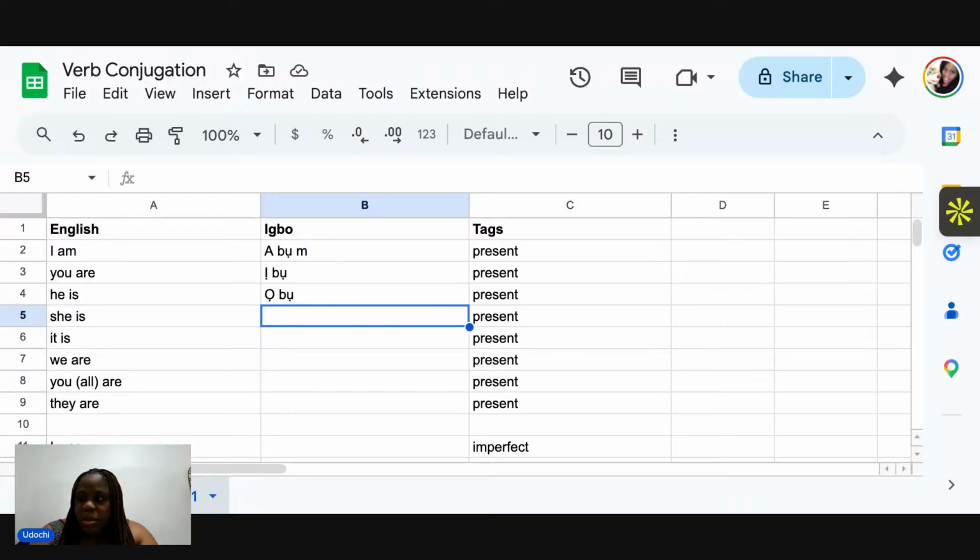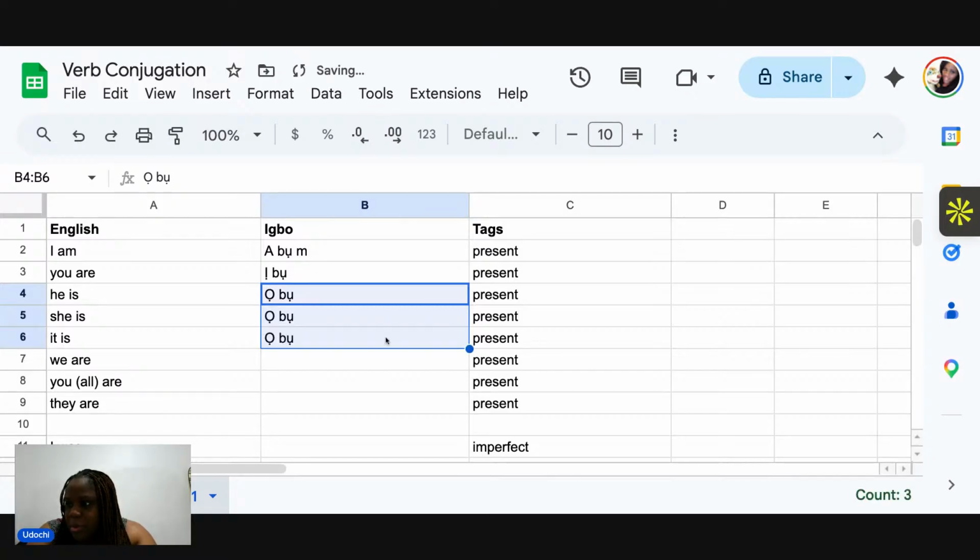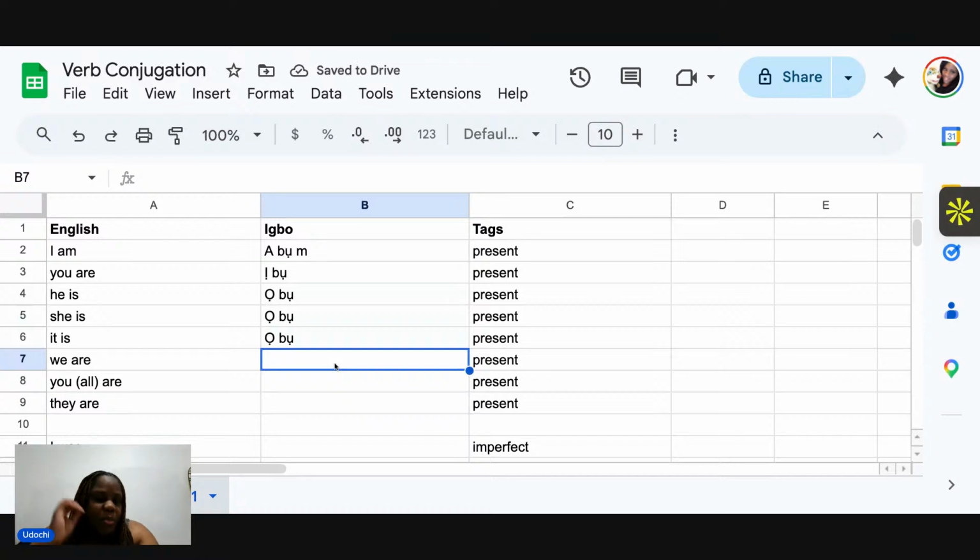I would want to augment this document to include those nuances in the Igbo language that are not accounted for in the English language. There's a different way to say is, am, are in Igbo when things are permanent and when things are not permanent. Bu is for when things are permanent and de is when things are not permanent.